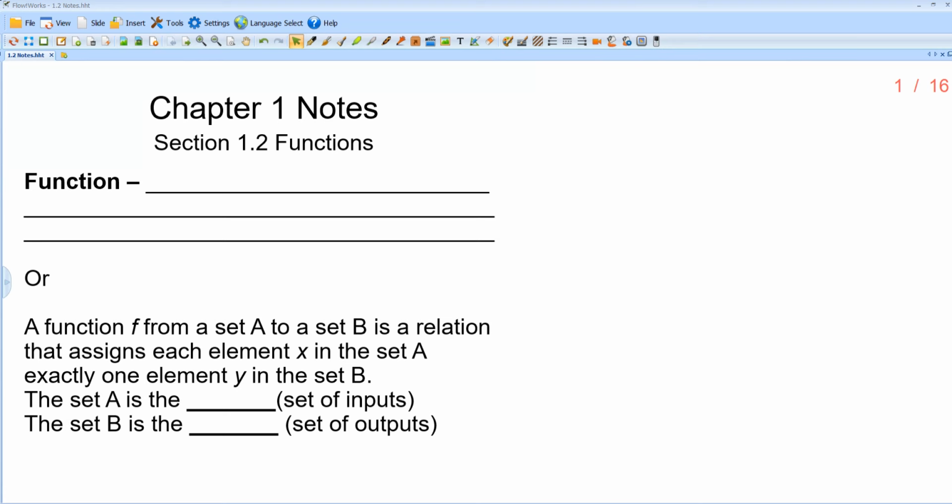So first, let's just define what is a function. So a function is a relation in which each item from one set is paired with only one item from the other set.